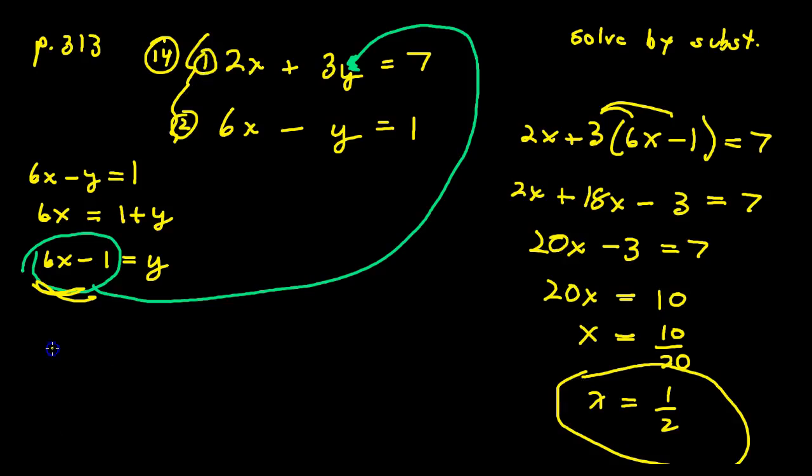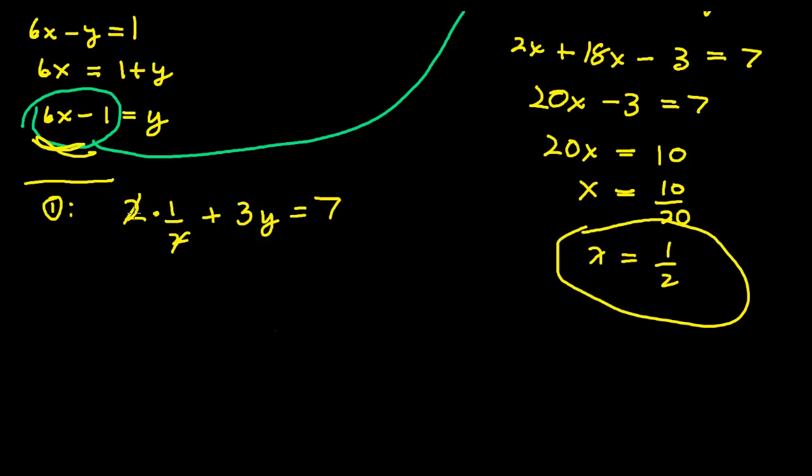If x equals 1/2, you can now plug that 1/2 value into either equation. I'm going to pick the first one because I see a 2 multiplier there. 2 times x, which is 1/2 we now know, plus 3 times y equals 7. And we can solve for y hopefully pretty easily. The 2's and the 2's cross cancel here. I get 1 plus 3y equals 7.